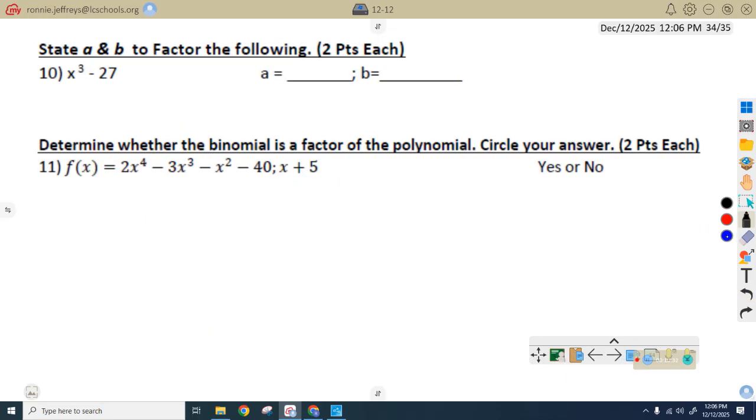Okay, so number 10. This is going to be just a letter. It could be X, it could be Y. It's not going to be O or I. All you have to do for the A value right here is write this, whatever that is. Now, B, we're going to find the cube root of 27 in the calculator.